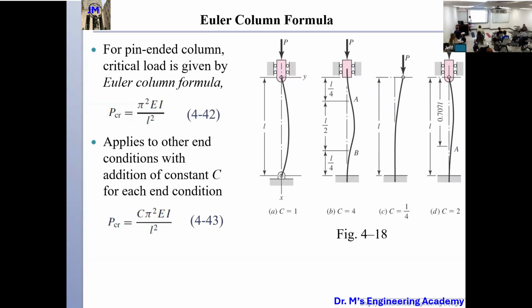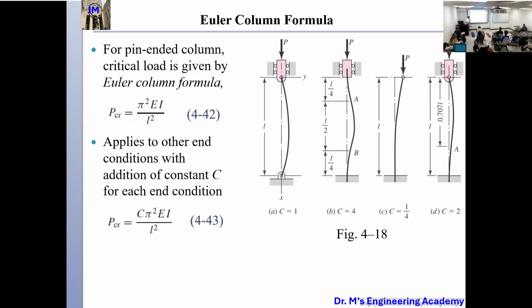The geometry here means the cross-sectional geometry. This applies to other end conditions with the addition of a constant C for each end condition. This first one is the basic one, and for the other three cases, other mathematicians have given us these results.